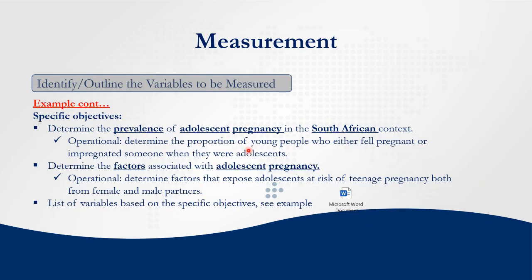Here, it's the proportion of young people who either fell pregnant or impregnated someone. At face value, when you read this, you think it's a study looking only at females, but when it was unpacked, you can see the study looks at both males and females, to see whether they fell pregnant as teenagers or impregnated someone.